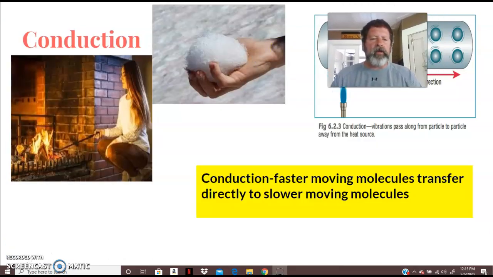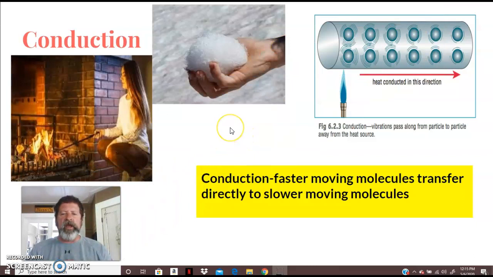One of those examples was conduction. Conduction is faster moving molecules transferring directly to slower moving molecules. So when I think of conduction, I think of direct contact with a heat source. For example, that snowball that's being held by somebody's hand: you don't transfer cold to a hand, you transfer thermal energy to the snowball.